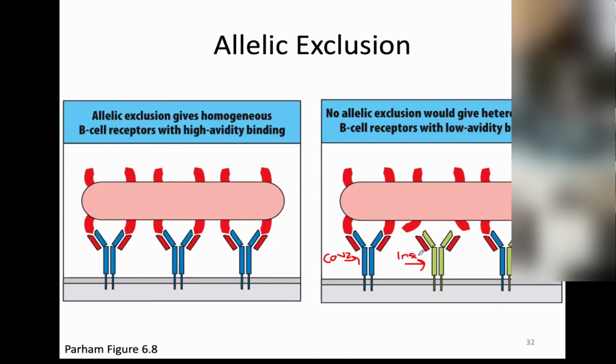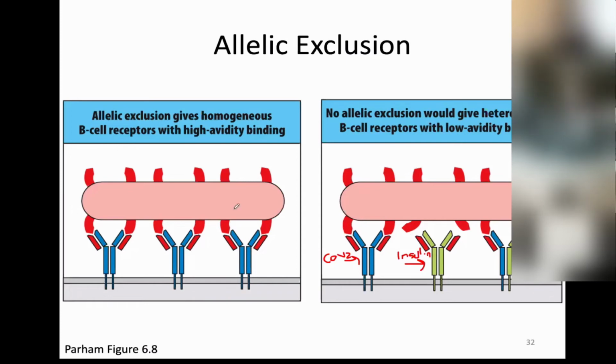If you got infected with SARS-CoV-2, you'd turn on this B cell, the B cell would be like, sweet, I've got to make my antibodies now. And it could make antibodies against insulin instead of SARS-CoV-2. That would be a disaster, both because you wouldn't fight SARS-CoV-2 and because you would make insulin antibodies.